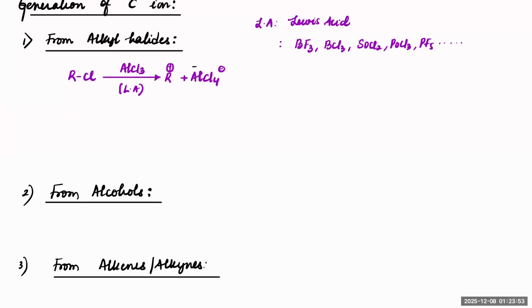Now see the typical mechanism if at all I have to show it. Chlorine has three lone pairs on it, and AlCl3 on the other hand has an empty orbital on it. You know that that's the definition of a Lewis acid, right? It must have an empty orbital. So lone pair present on chlorine will try to support it like a base, Lewis base.